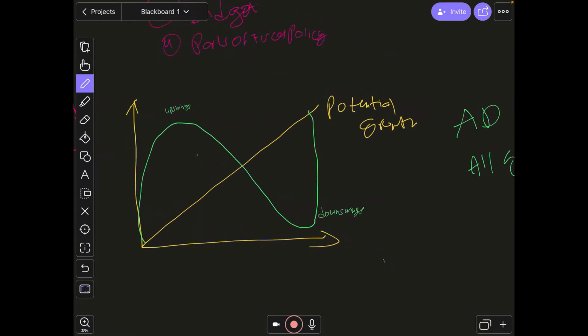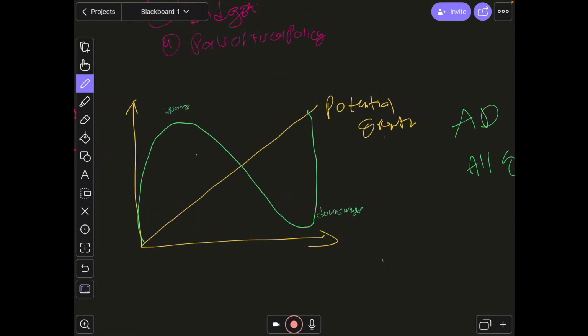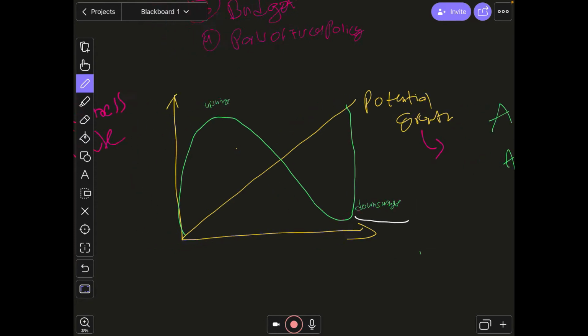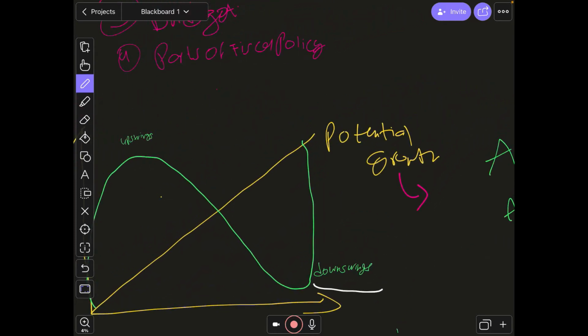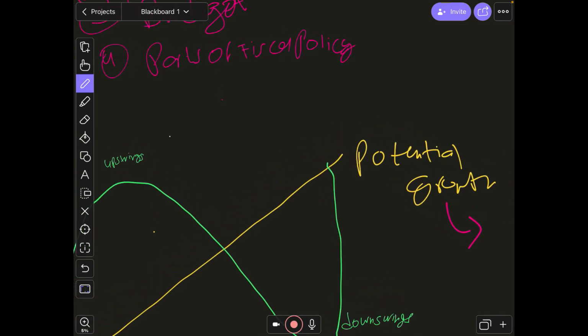This yellow part represents the potential growth of the economy in the long run, while the top crest part represents upswings, and this part represents downswings. The upswing is known as a boom.